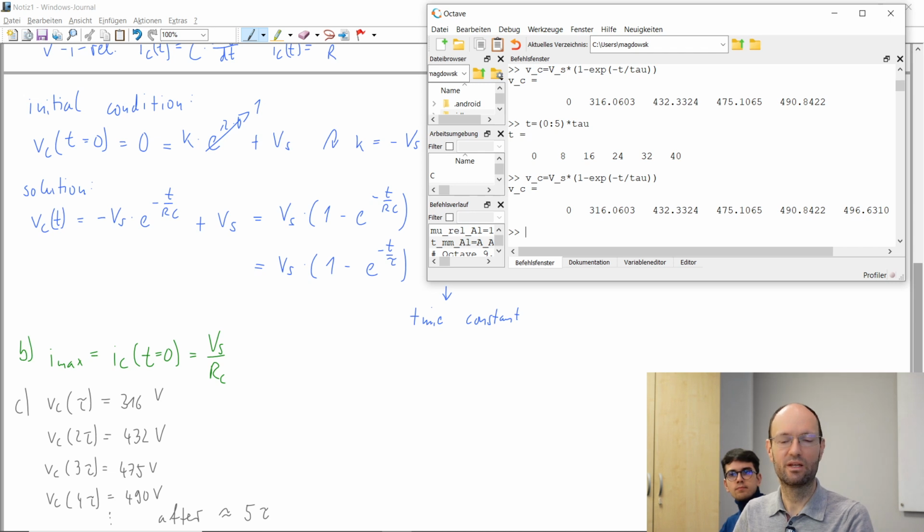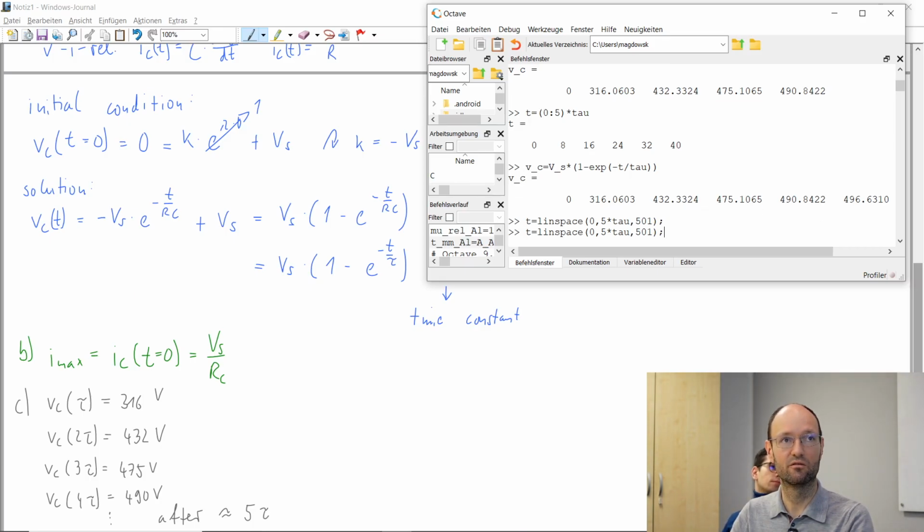Okay, and what we can do here in Octave is, instead of these discrete or large steps, we could also say, let's take many time values between 0 and 5 times tau, maybe 501 values, and escape the result, and then recalculate this here again, because we will now also get 501 values.